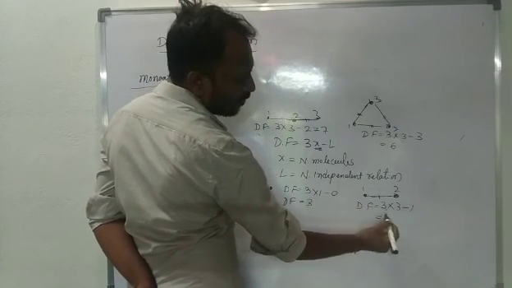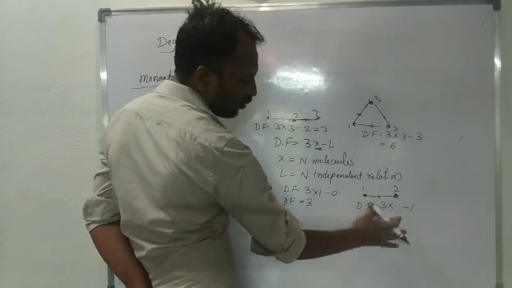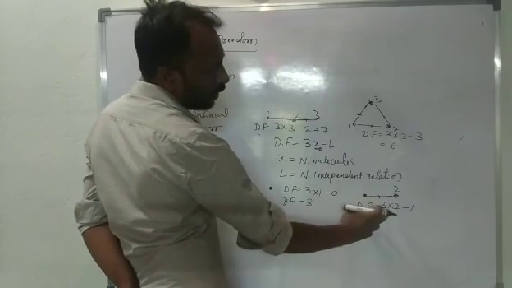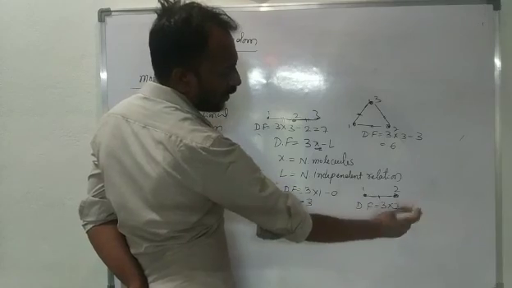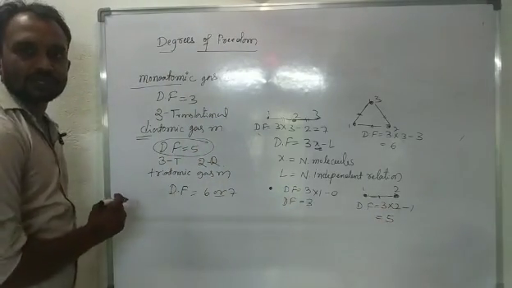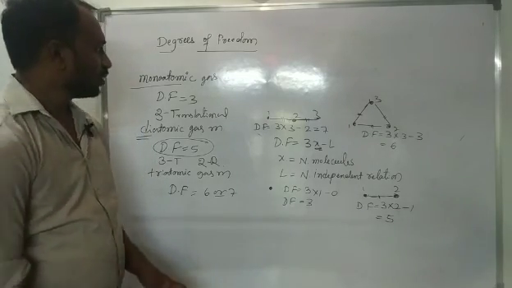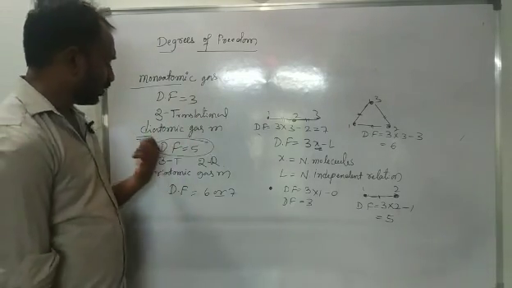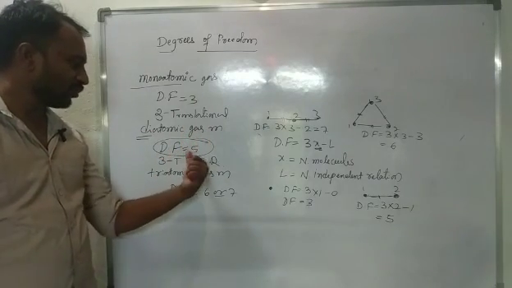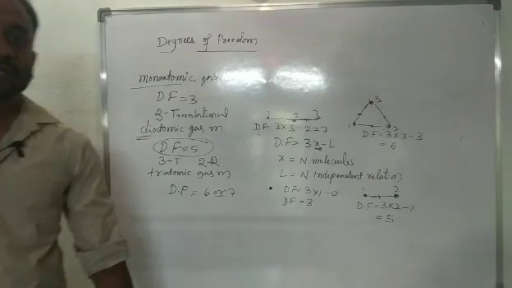So 3 into 2 is 6, minus 1, which means 5. So the degrees of freedom is 5. Okay, so monoatomic gas molecule has degrees of freedom 3, diatomic gas molecule has degrees of freedom 5, and triatomic gas molecule has degrees of freedom 6 or 7.